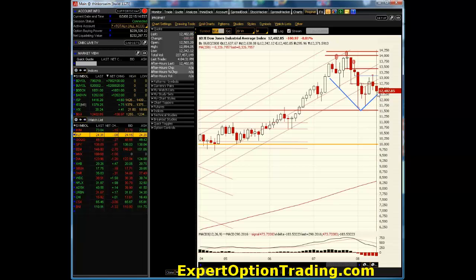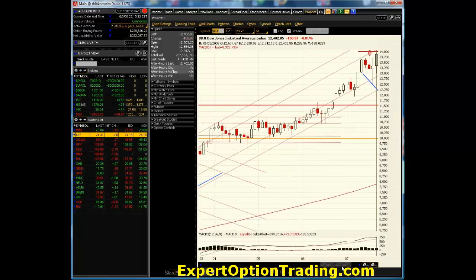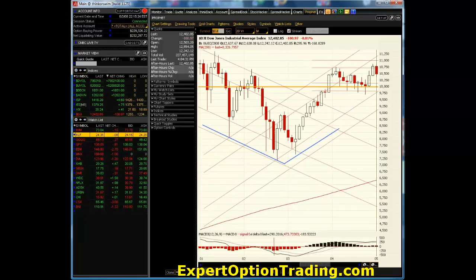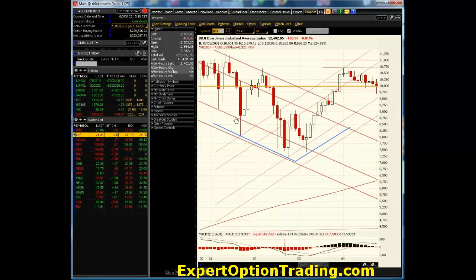So it's going to be interesting and significant to see if the market rallies from this point and a long stem forms here, just like it has in the past. In this particular V, you had a couple of long stems here, here, and here, and then there was a long stem on the right side of the V as well.